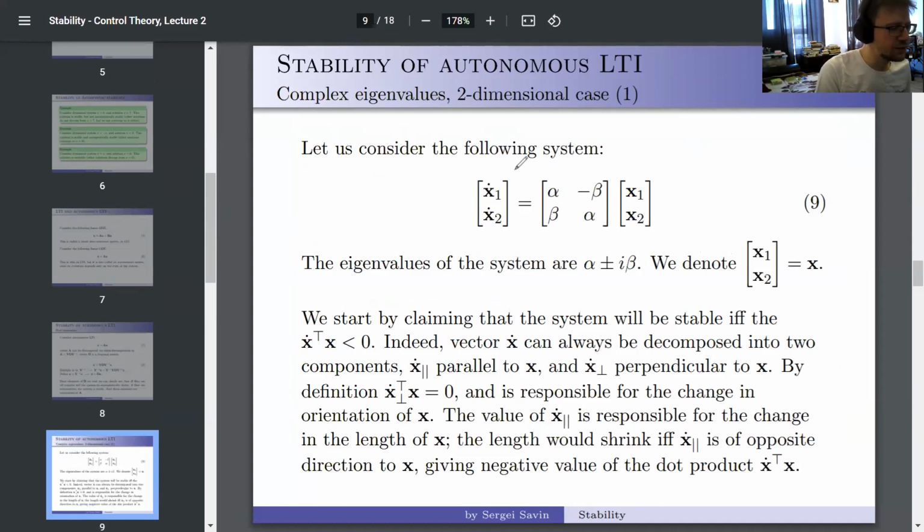So consider the following system. You have two elements, x1, x2. It is just a 2x2 system.